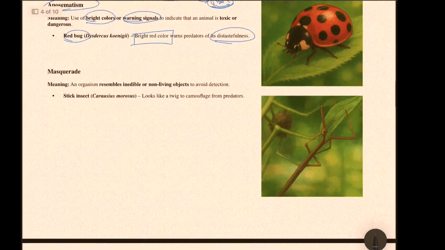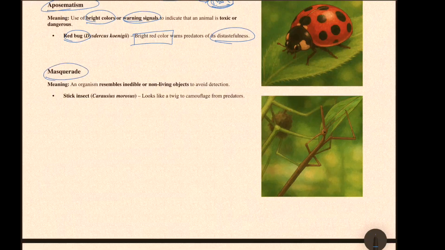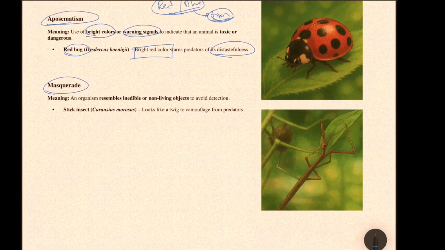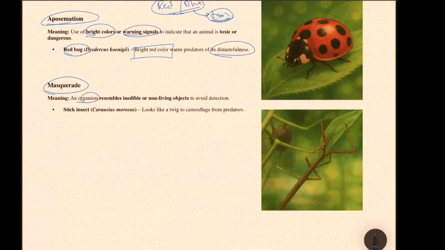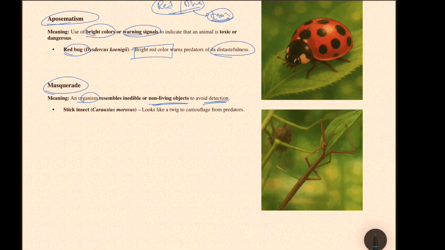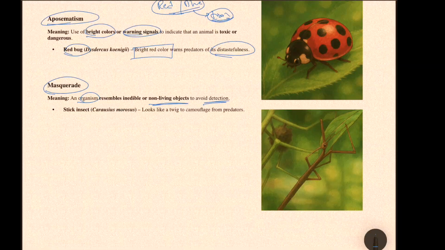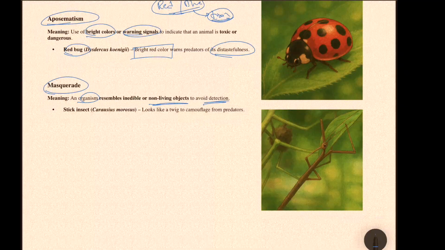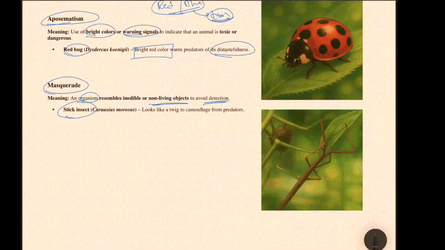Coming to masquerade, sorry if my pronunciation is wrong. It is a survival tactic where an organism resembles non-living objects to avoid detection. This is a kind of camouflaging technique. For example, we have a stick insect here.